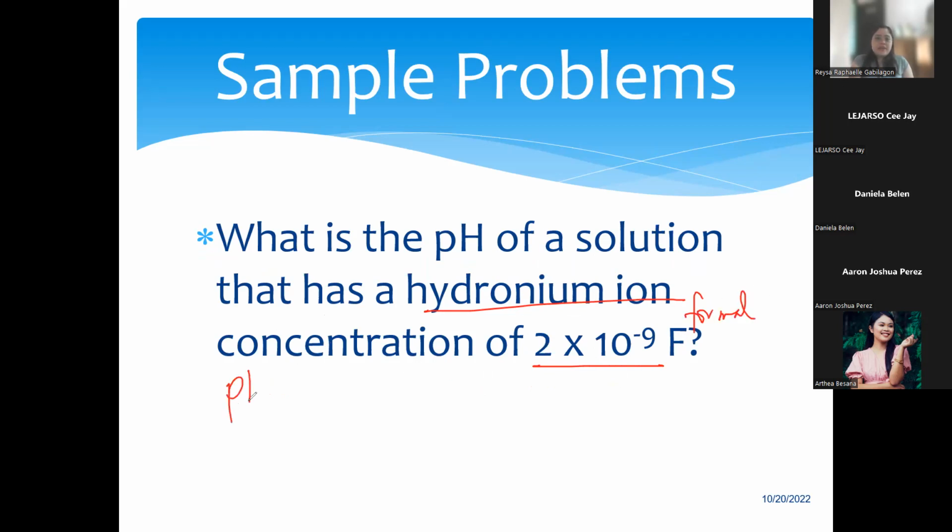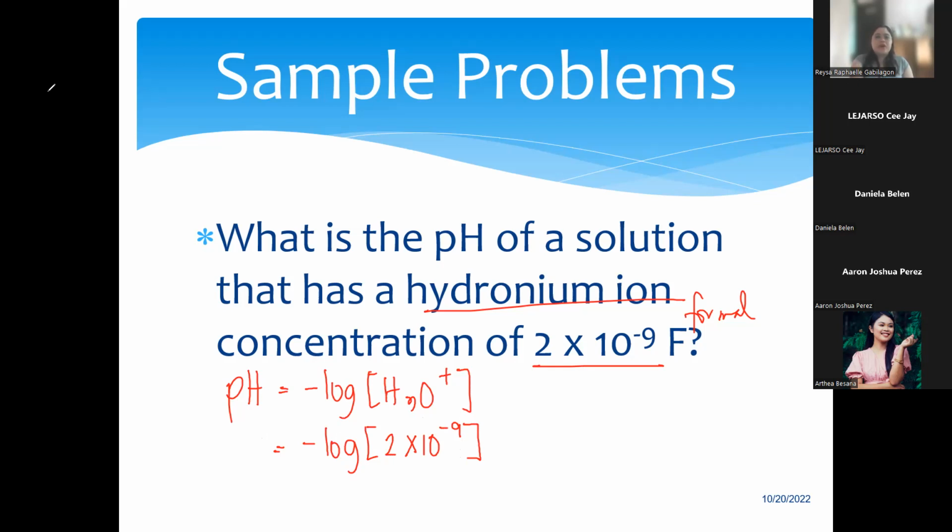Now, let's try to compute. pH is the negative logarithm of hydronium ion concentration. So this is just negative log, and then we will just substitute here the value for the concentration of the hydronium ion, 2 × 10 raised to the power of -9. Class, I have taught you already how to do the exponent in your calculators, ha? So please use that.